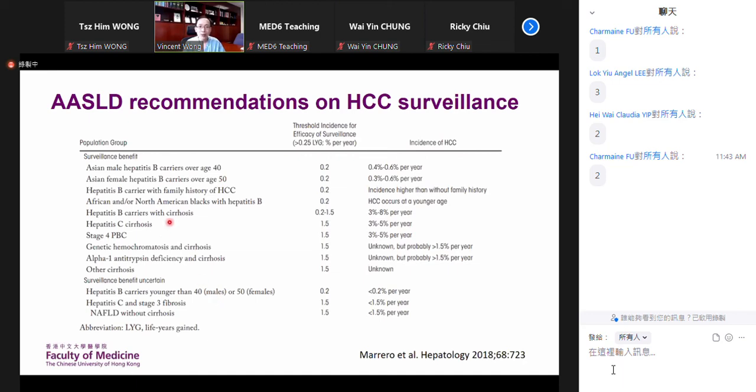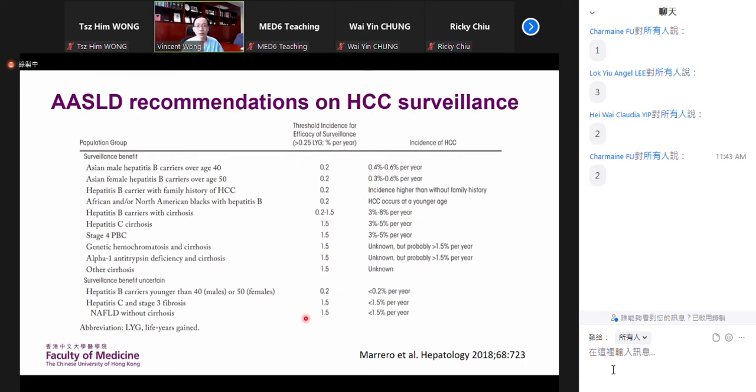But we also know that in some etiologies, such as hepatitis B, people can develop HCC without having cirrhosis first. So for example, if you have an Asian male older than the age of 40, an Asian female older than the age of 50, or for Africans, they may even develop HCC even earlier.